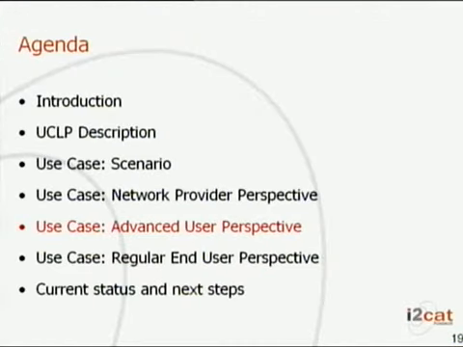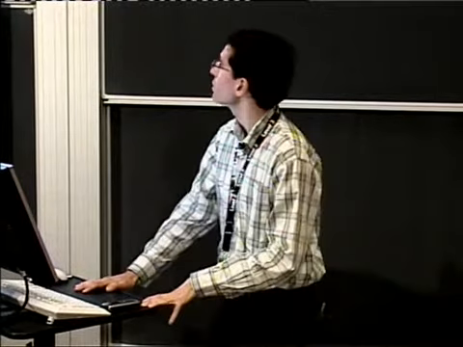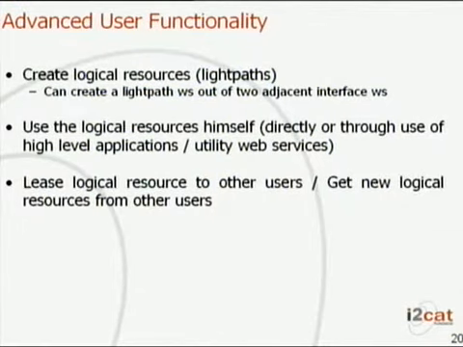So now we have seen a little bit the network provider perspective. Now we will see what the advanced user that receives all these lists can do. This advanced user, in this example, would be the work package leader of the testbed project, the testbed work package, sorry. He would receive all these resource lists and he can create new resources.